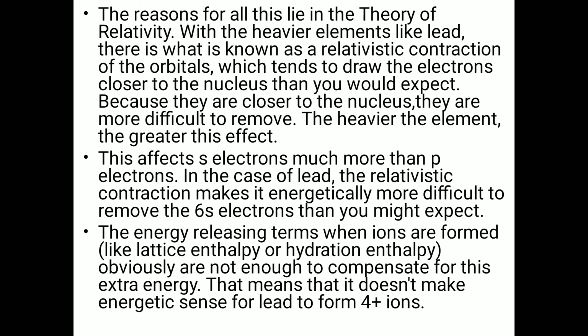This affects s electrons much more than p electrons. In the case of lead, the relativistic contraction makes it energetically more difficult to remove the 6s electrons than you might expect. The energy released when ions are formed is not enough to compensate for this extra energy. That means that it does not make energetic sense for lead to form a 4 plus ion.